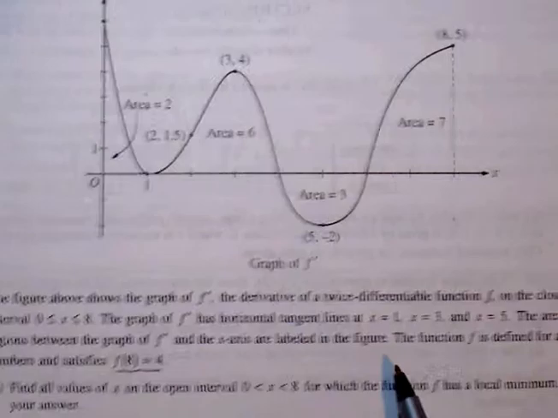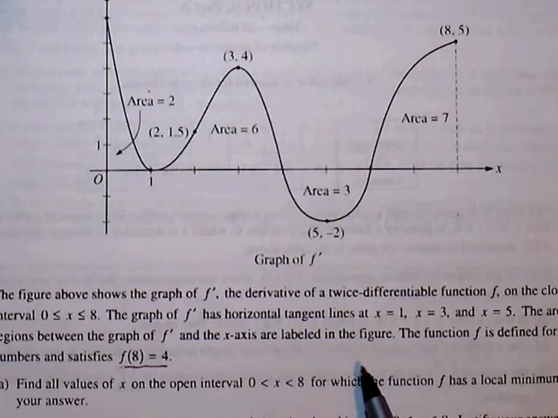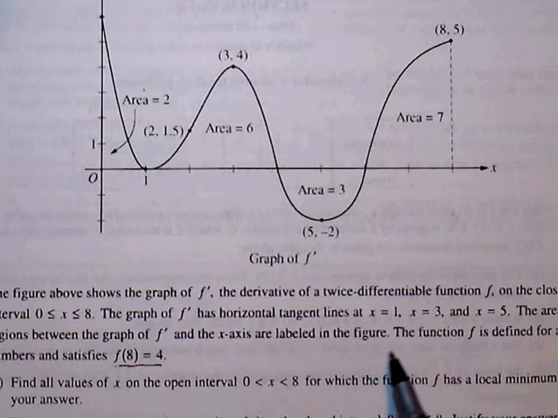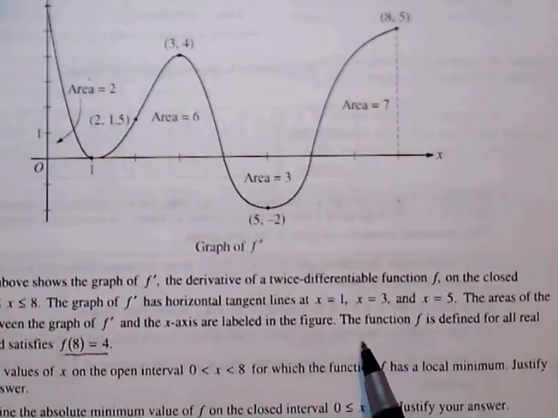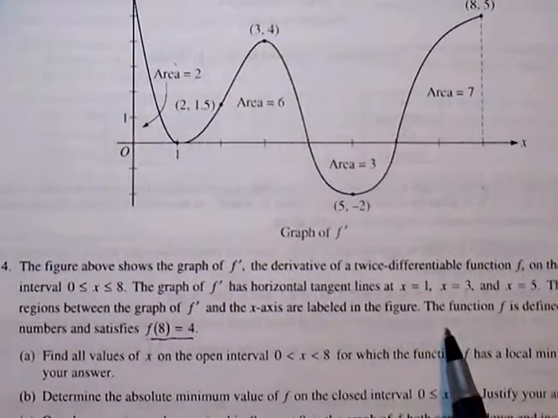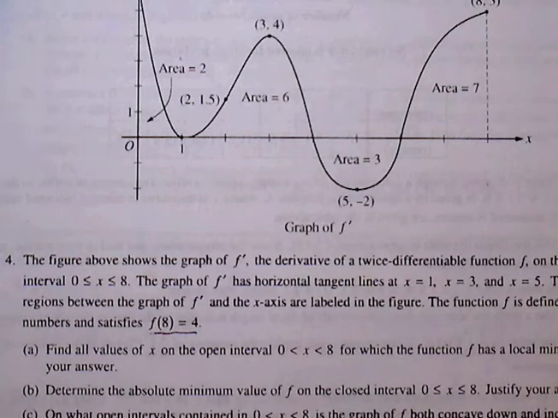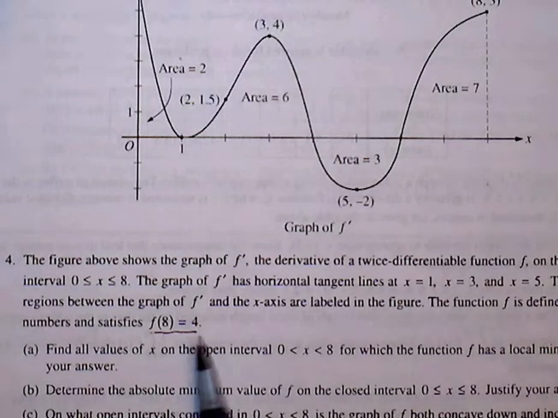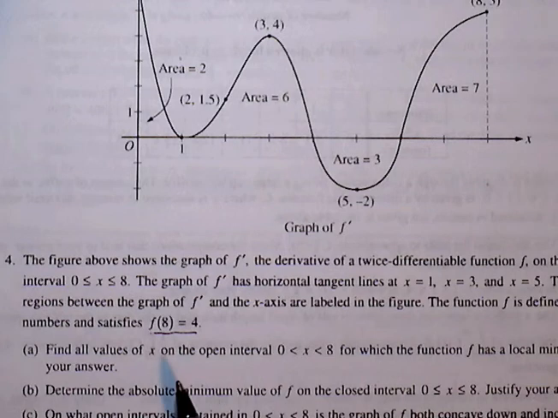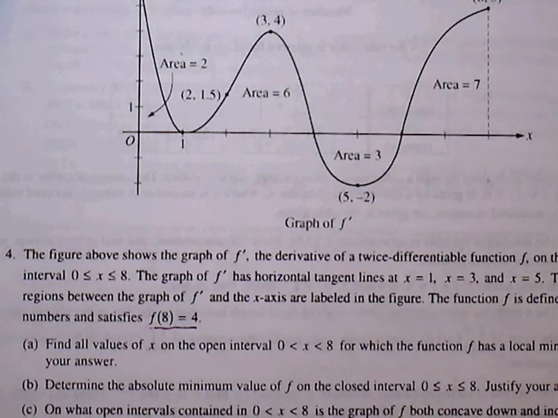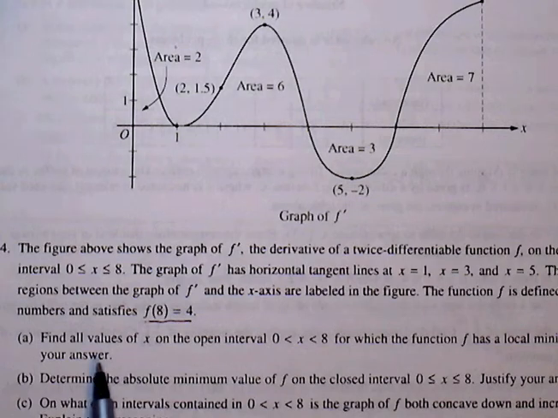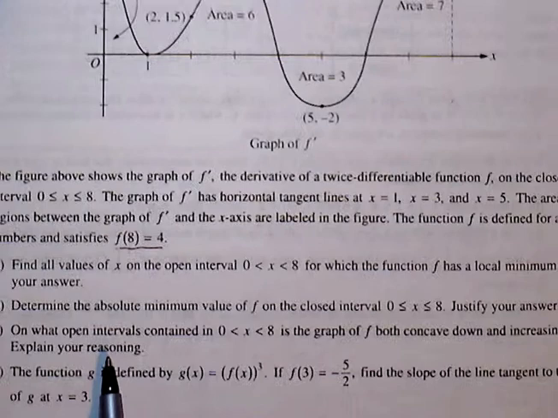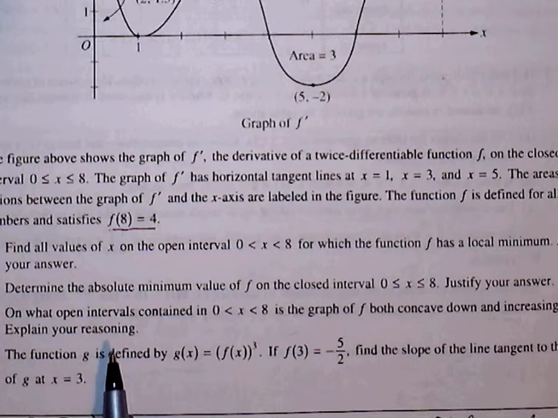The area is labeled in the figure. The function is defined for all real numbers and satisfies f of 8 is equal to 4. So we have an ordered pair that gives us an anchor to help us find other positions throughout this problem. So for part A, find the values of x for which the function has a local minimum.